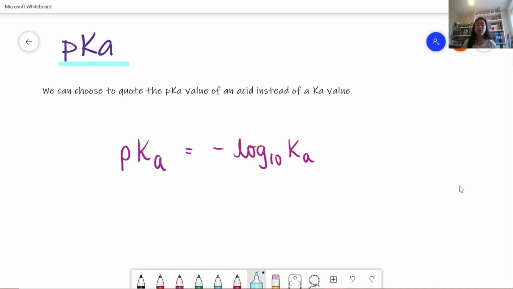We can choose to quote something called the pKa value instead of a Ka value of an acid. And so we have this expression, pKa is equal to minus log to the base 10 of Ka, where Ka is the dissociation constant of the acid.